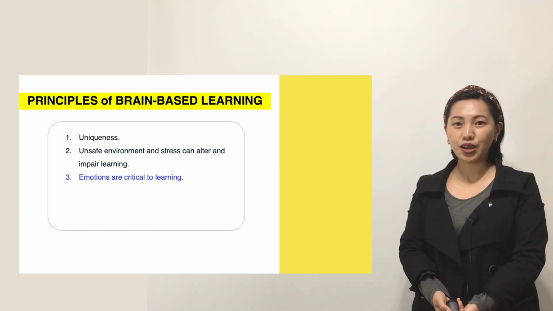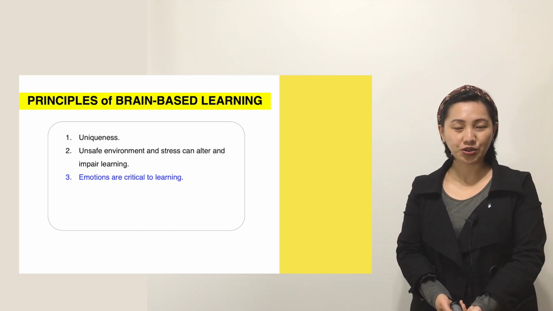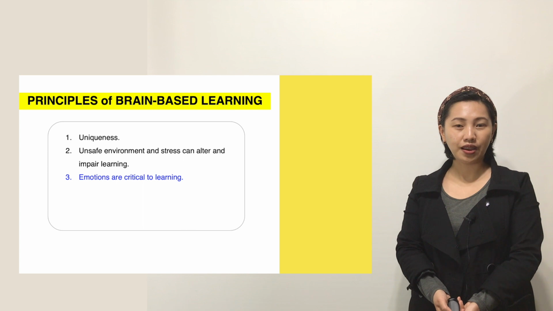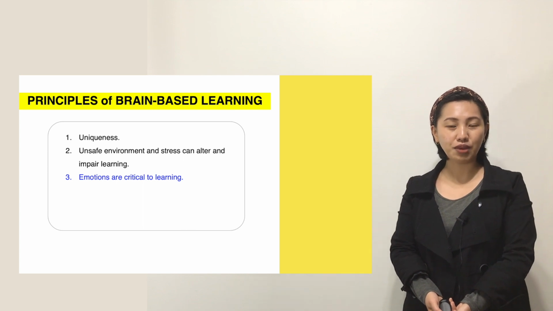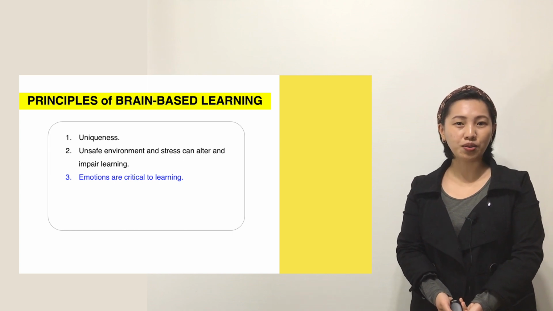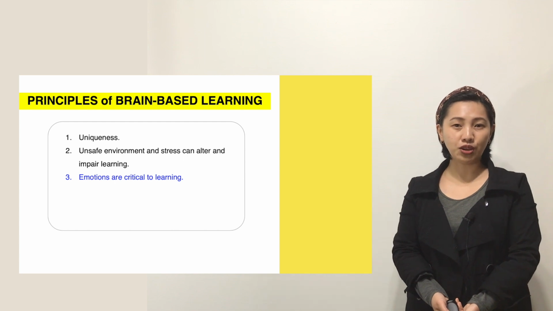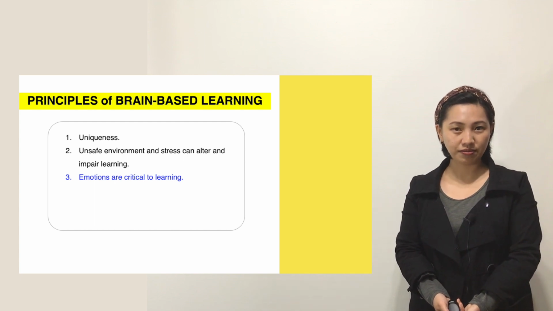Third, emotions are critical to learning. They drive our attention, health, learning, meaning, and memory. It is found that the stronger the brain reacts to the content, the longer the information is retained.